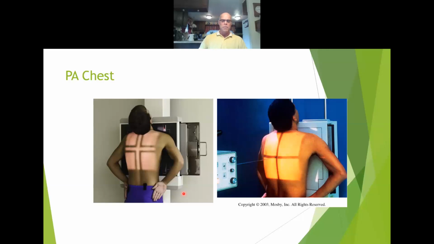Again, on page 107, it talks about your SID, a minimum SID of 72 inches. Again, it has two purposes: reduced magnification of the heart and increased recorded detail of the thoracic structures. You're looking at those lung markings, vascular markings in the lungs. You want to be able to see that. Remember, that's kind of like a network, and you're looking to see if you can see that in all areas of the chest.